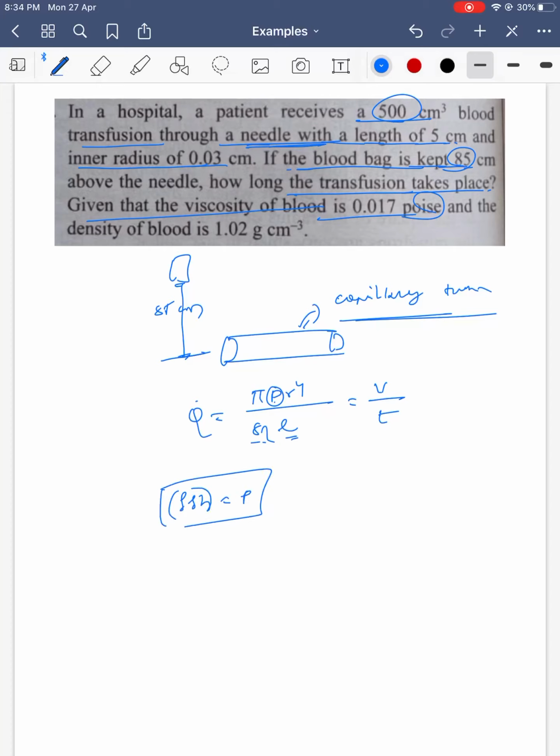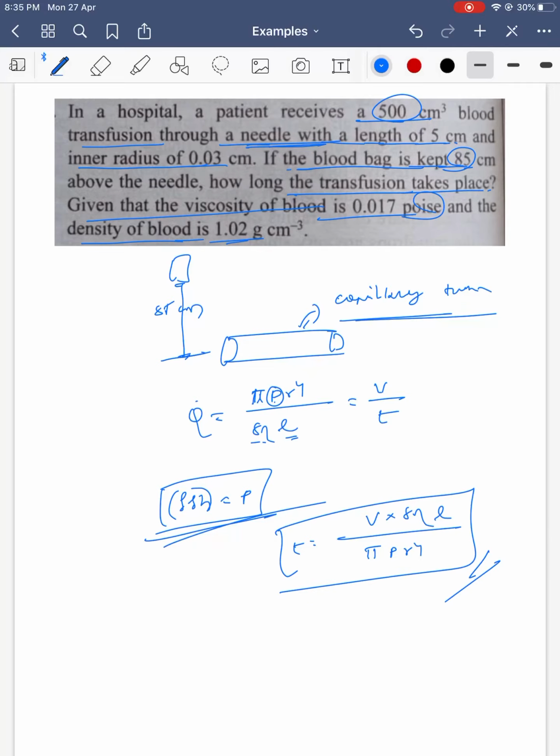Substitute, and what is the rho? Density of the liquid is given, so density of blood is 1.02. Time is equal to volume into 8 nu L by pi p r power 4. Substitute the values and you will get the answer.